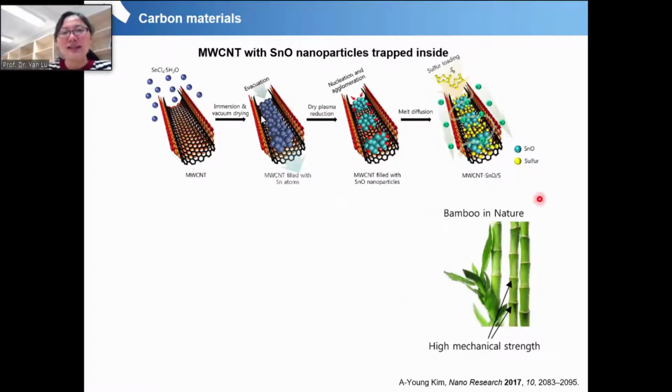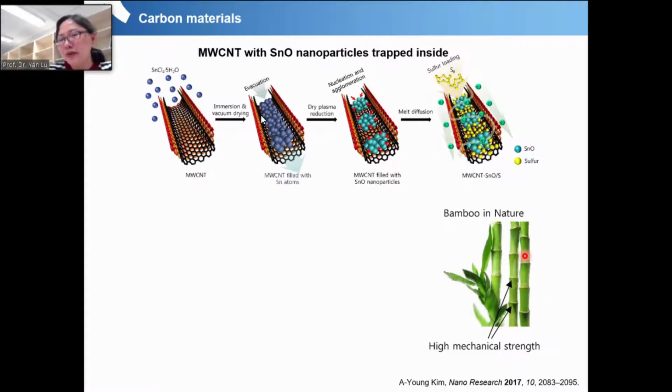So then another example, this is actually a kind of hybrid material. They are using multi-wall carbon nanotubes as a template, and then they try to synthesize tin oxide nanoparticles inside these carbon nanotubes to form a bamboo structure.